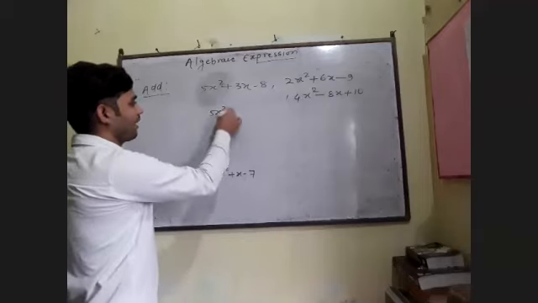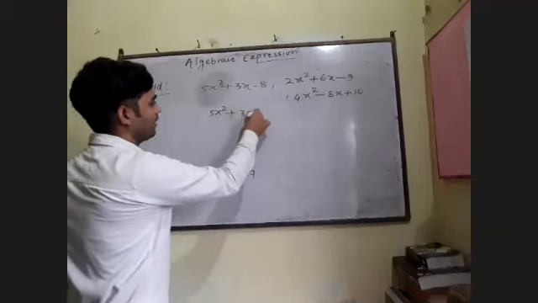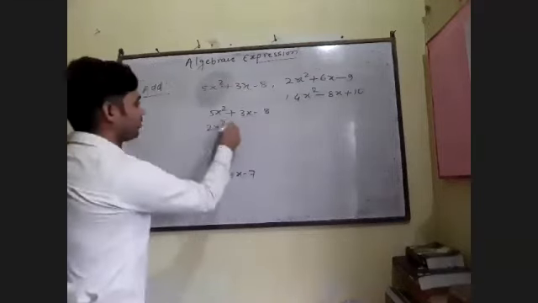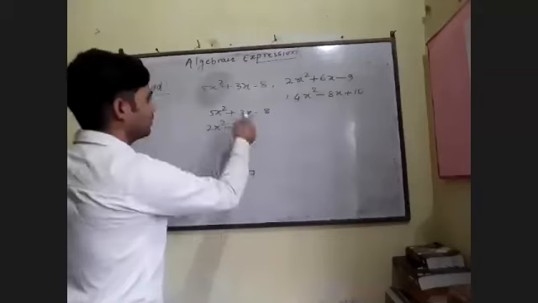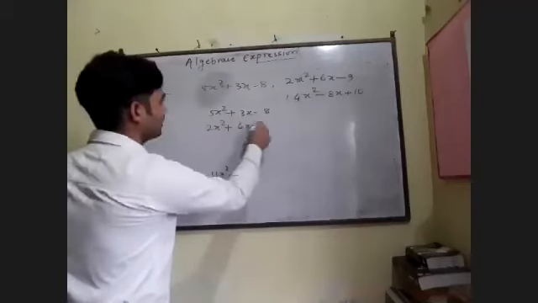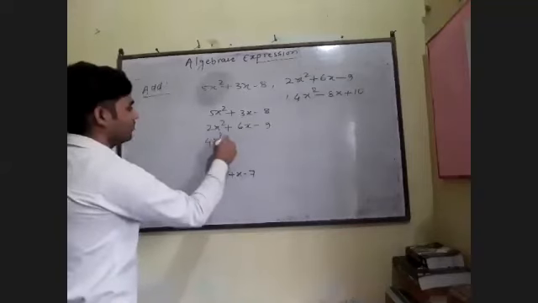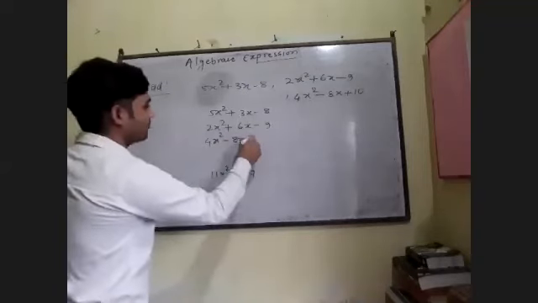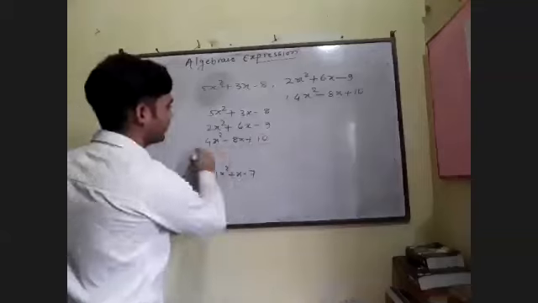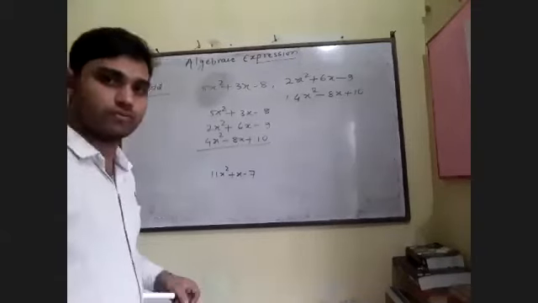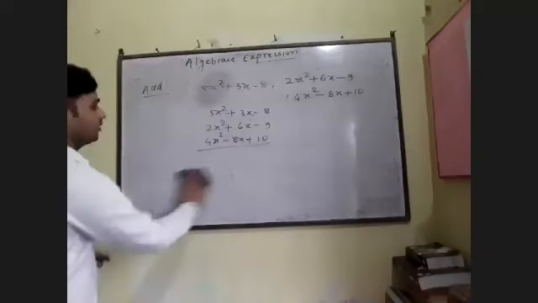So it becomes 5x square plus 3x minus 8. Next, 2x square plus 6x minus 9. 4x square minus 8x plus 10. Understood?